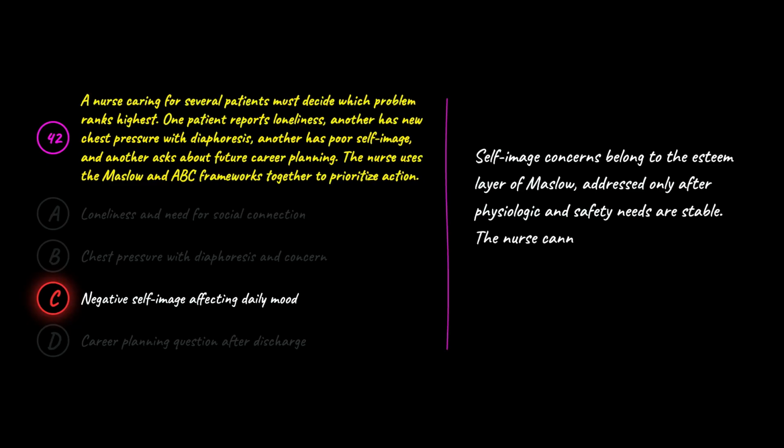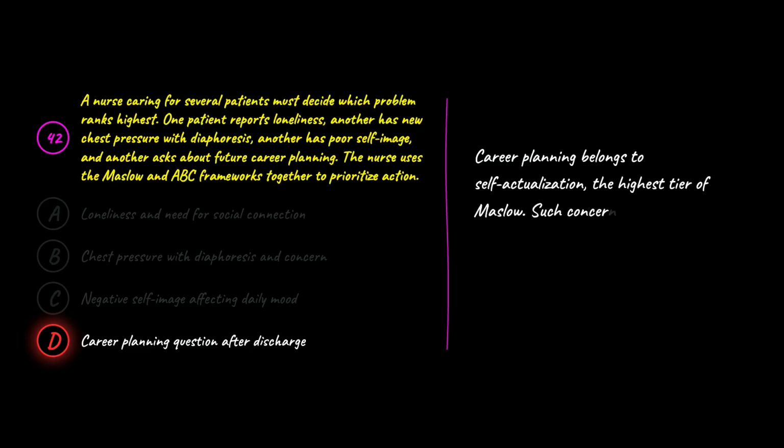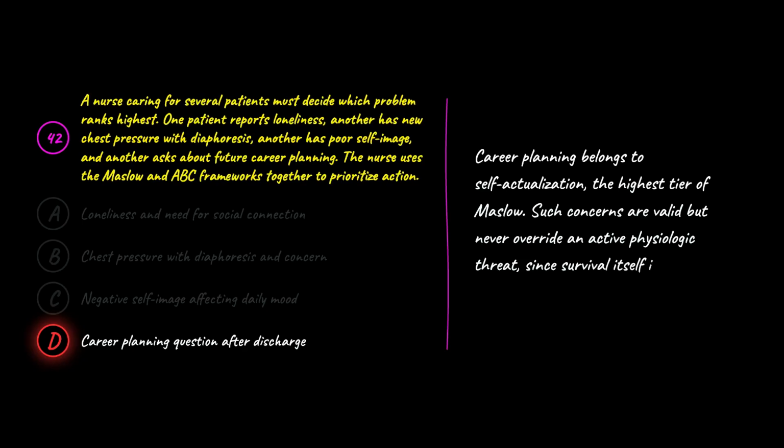The nurse cannot ethically place an esteem issue ahead of suspected cardiac compromise. D is wrong because career planning belongs to self-actualization, the highest tier of Maslow. Such concerns are valid but never override an active physiologic threat, since survival itself is required before pursuing higher goals.